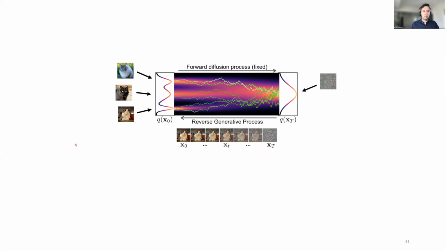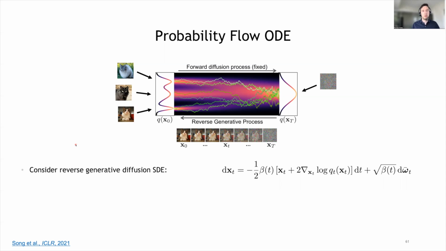With that in mind, let us now move on, and we will talk now about the probability flow ordinary differential equation. However, let us first consider the reverse generative diffusion SDE again, the object you have already seen so far. With this generative reverse diffusion SDE, when sampling random noise from this standard normal prior distribution, we can generate data, and more specifically, we basically can sample data all along the diffused data distribution, the reddish contours here.